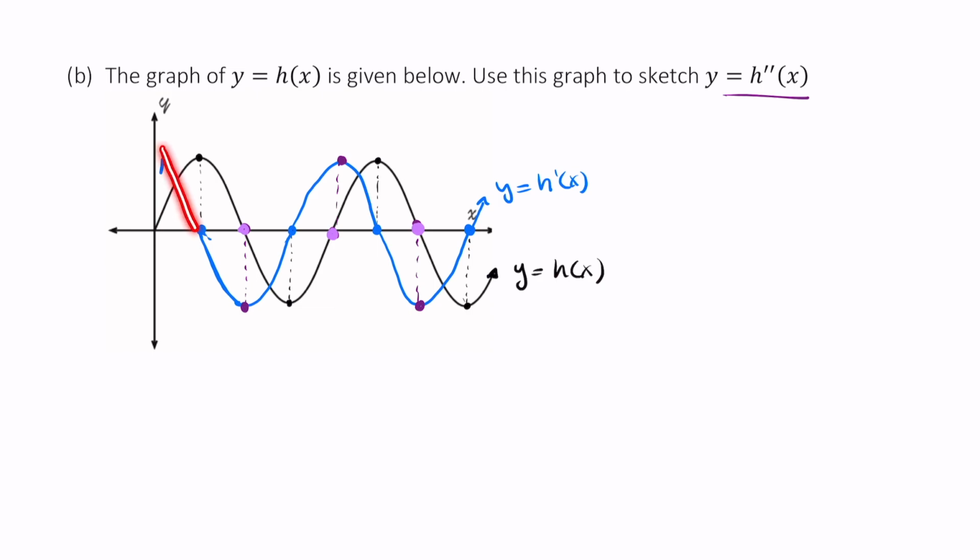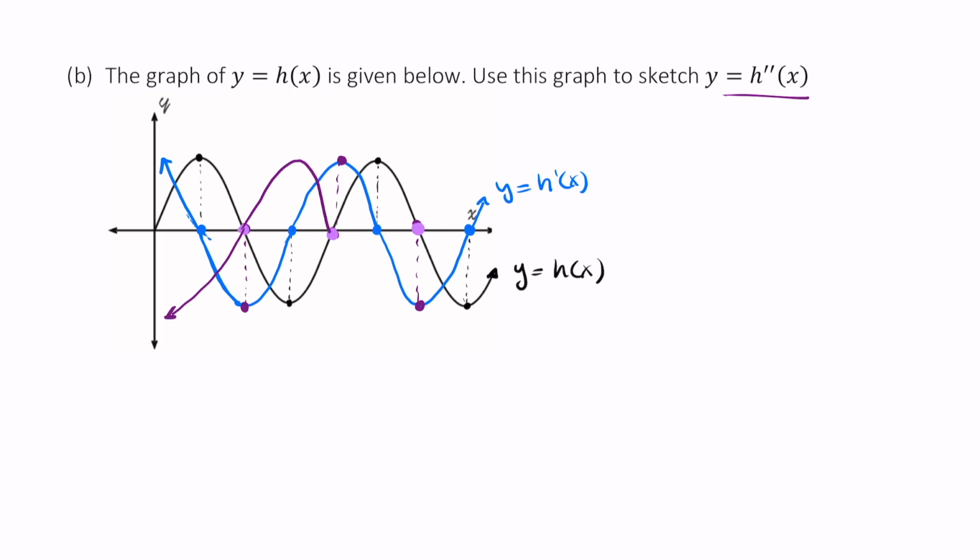The first derivative has a negative slope here, so I know the first derivative should be below the x-axis here. Now, the first derivative has a positive slope here. So again, this is pretty flat, this is pretty flat, so I'll have points very close to the x-axis. This one is very steep, so I'll have points further up, above, away from the x-axis. And connecting them, I'll get a curve that looks like that.